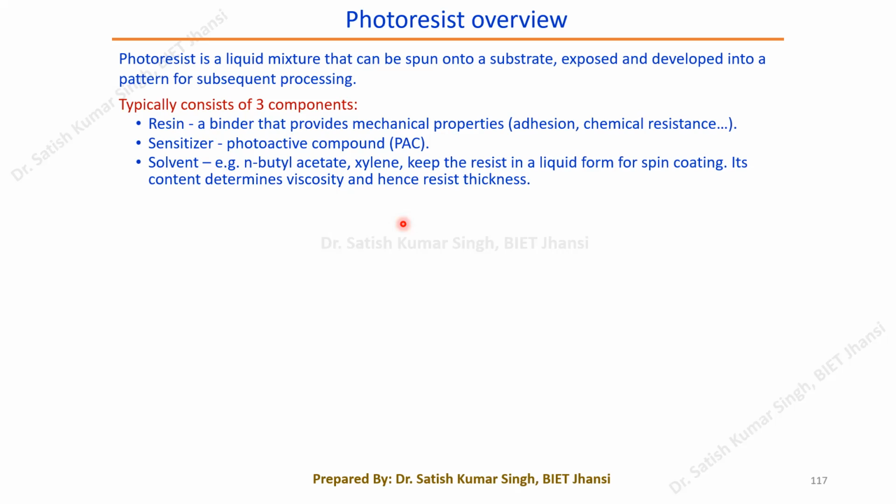When we coat this photoresist onto the wafer, spin coating has to be done, so the liquid is put over the wafer and then the wafer is spun. Due to the spinning, the liquid spreads over the wafer, and the viscosity and the spinning rate decide the thickness of your resist.